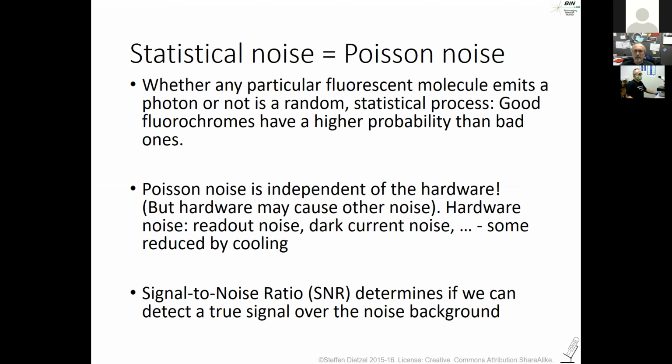And that noise is independent of the hardware. Of course, hardware will cause other noise like thermal noise, that's why we have cooled cameras, or readout noise. But the statistical or Poisson noise is what we'll address here.